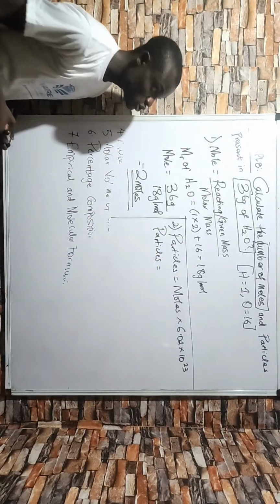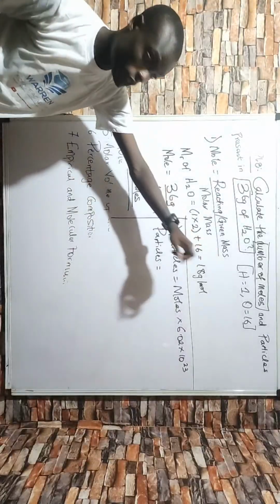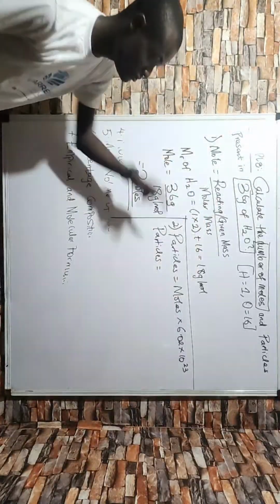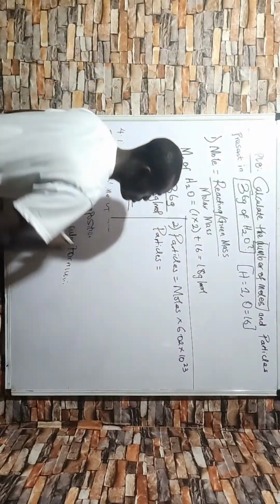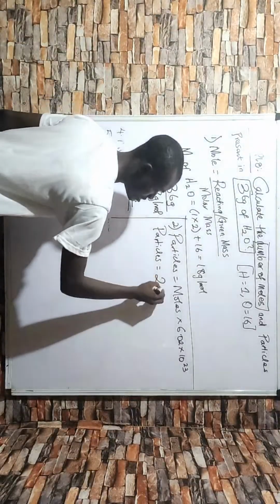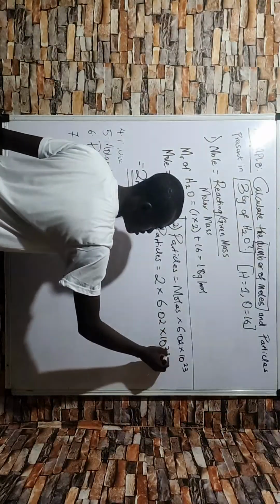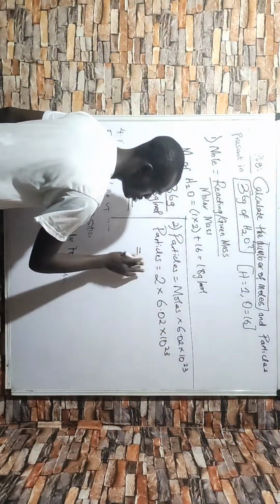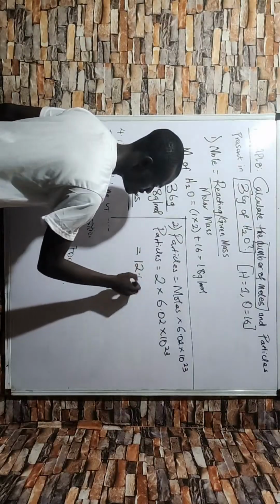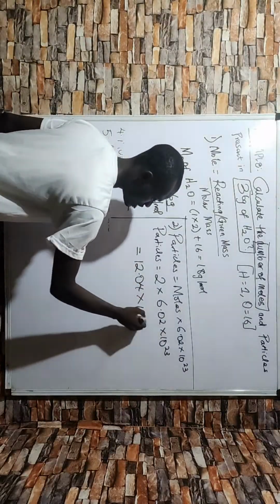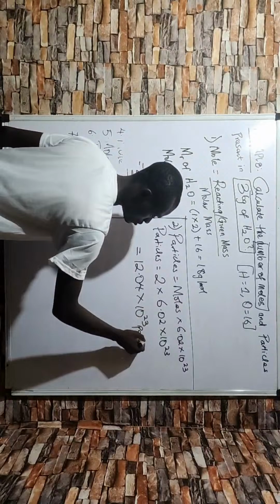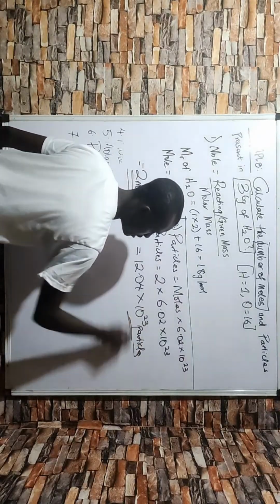So if we are told to calculate the particles straight, we will still have to calculate the moles first before you can come back here. So this is going to be the moles, which is 2, times 6.02 times 10 to the power 23. When we multiply, we end up getting 12.04 times 10 to the power 23 particles. This is going to be the final answer.